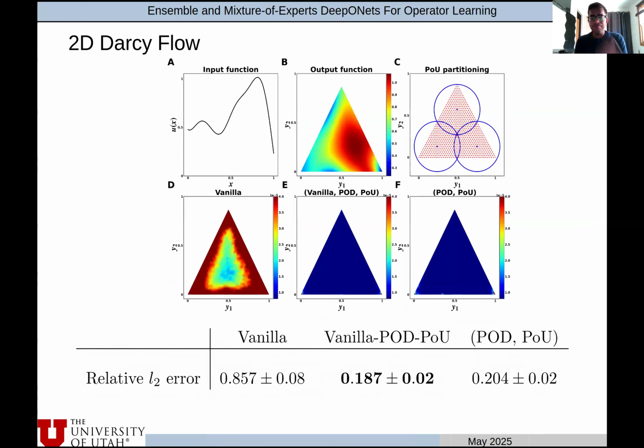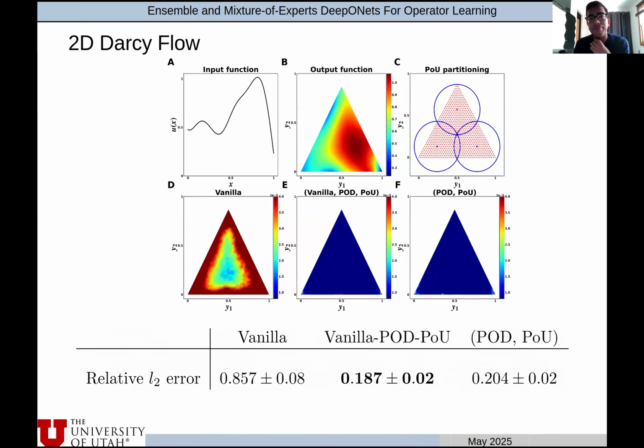Interestingly, in this problem, at least relative to the other problems, there were no interesting features for spatial partitioning to resolve. The POD-POU architecture is not the best architecture here, but it is still certainly better than the vanilla DeepONet, probably because having localized basis functions still helps. But on top of that here, having more trainable parameters helped more. It ended up having a better accuracy. Again, the P+1 vanilla is not the best.